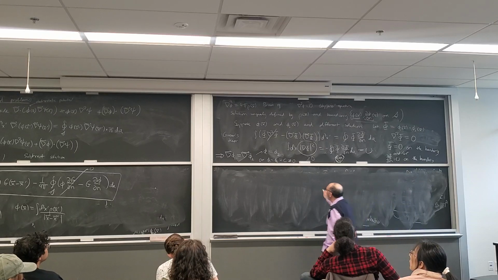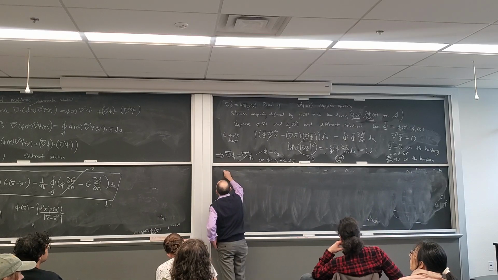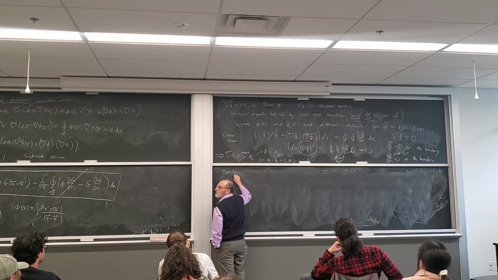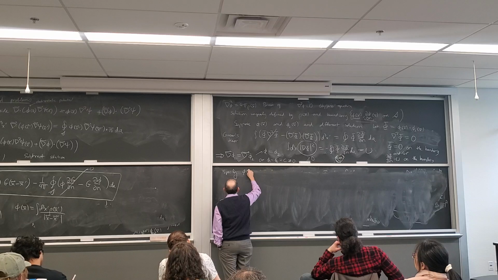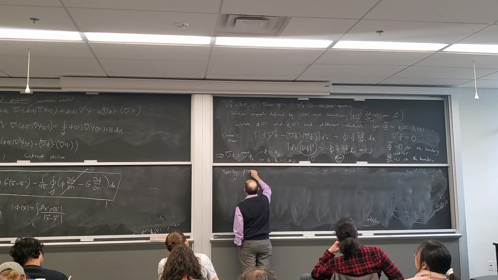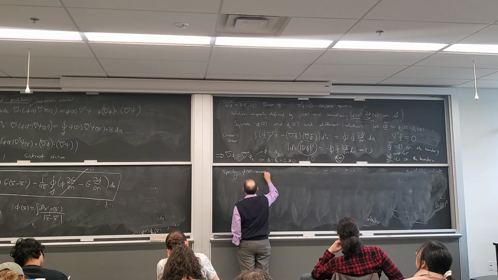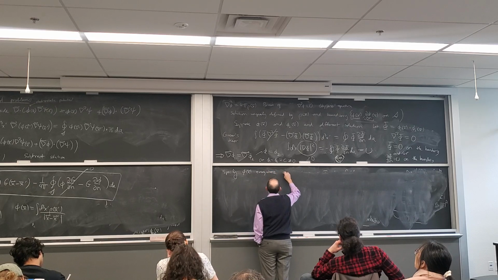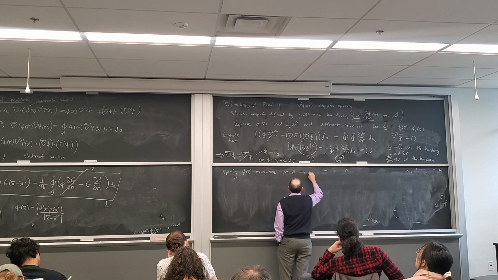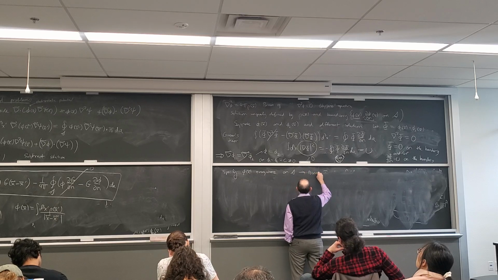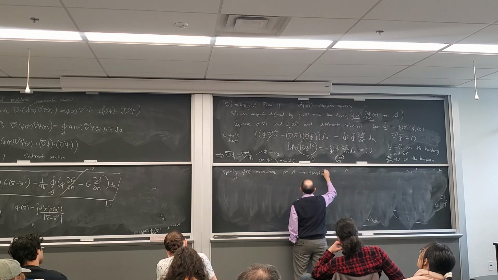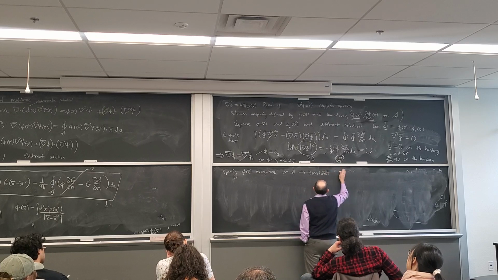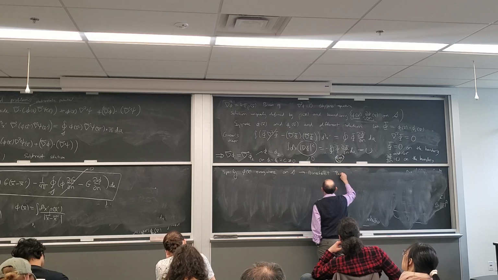And these things have names. So specify phi of x everywhere on the surface. I'll call Dirichlet boundary conditions.